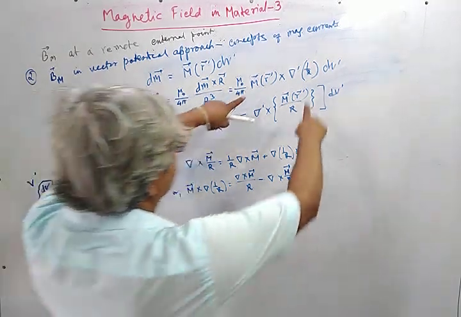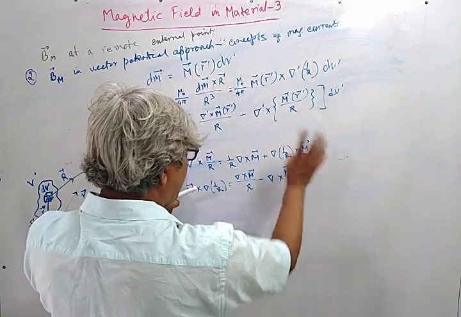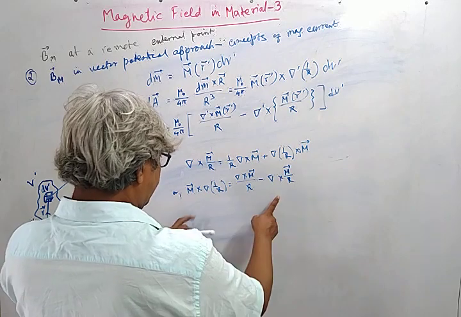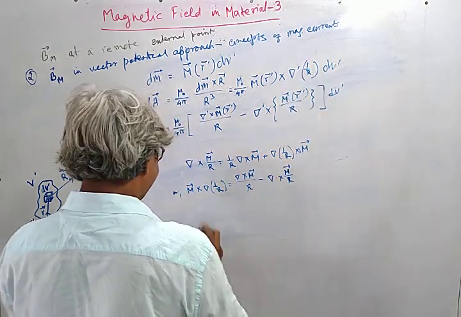You see that we have used this identity, and then finally this term becomes this minus this.